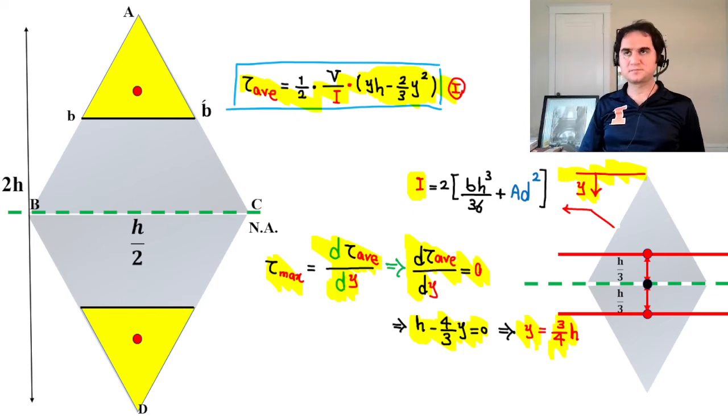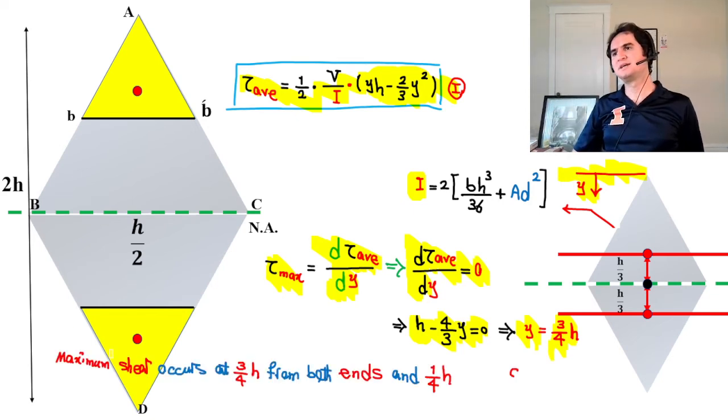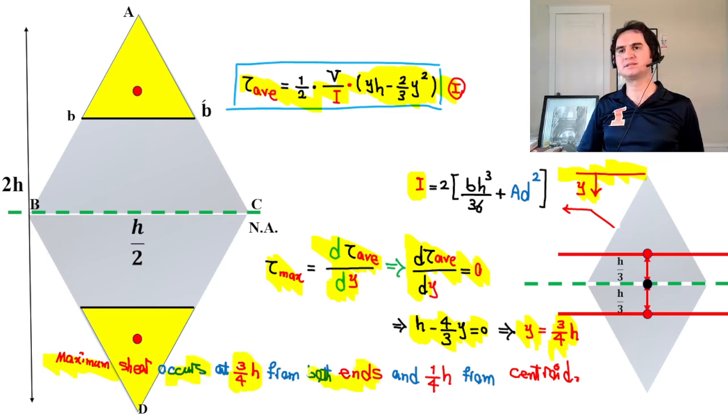So it simply says maximum shear occurs at 3/4 of h from both ends and h over 4 from the centroid. That's what this statement tells me. So that's 3/4 of h if this is h.